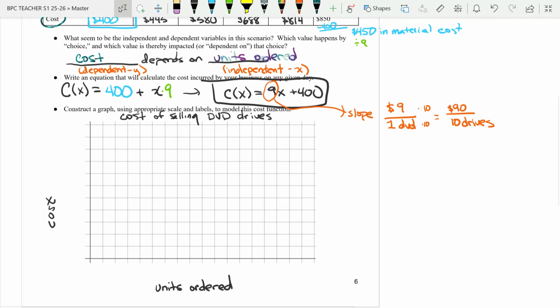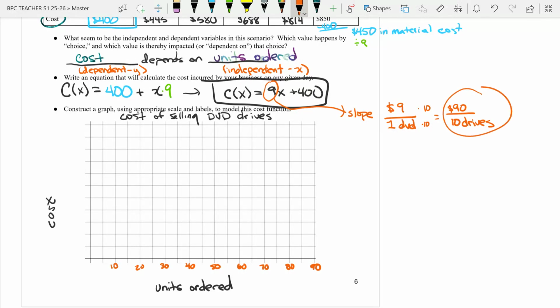And this can lead to a shortcut in the graph. So I'm going to count off and have every other box be 10 drives. 10, 20, 30, 40, 50, 60, 70, 80, 90. Now here's the trick that we want to do. I need to count by the same number.